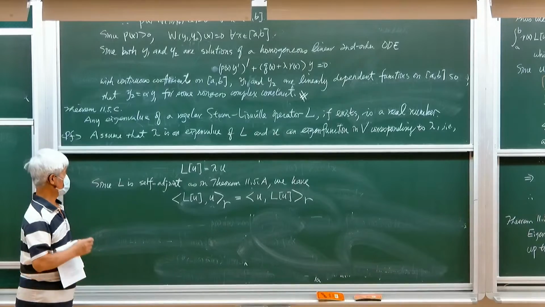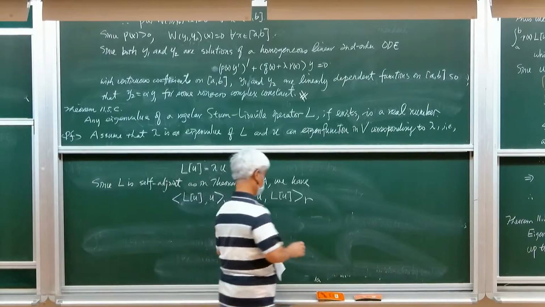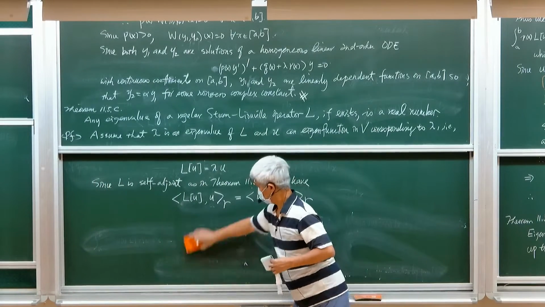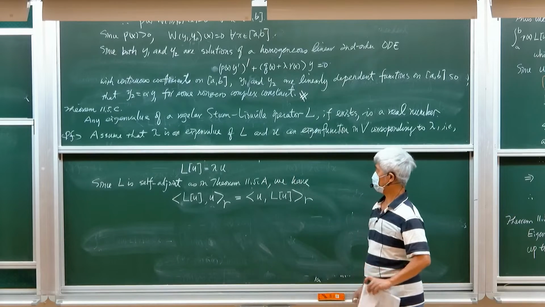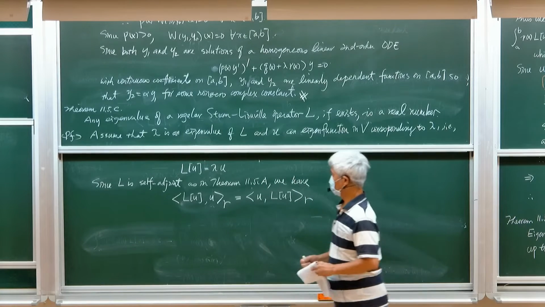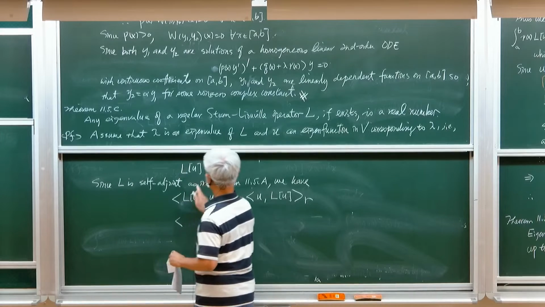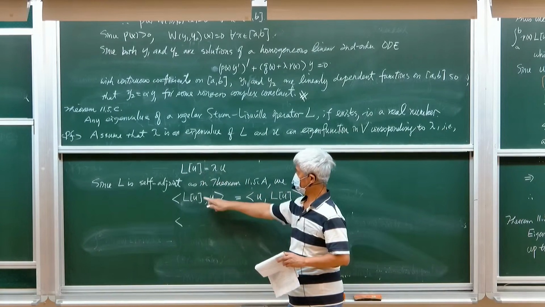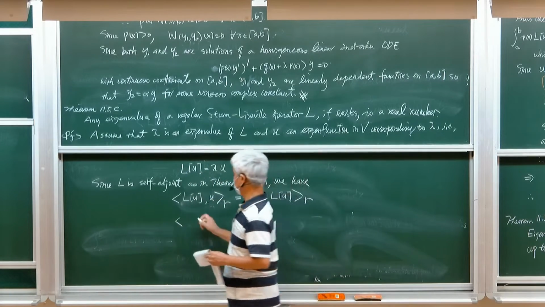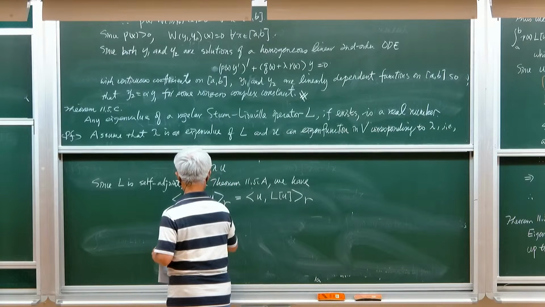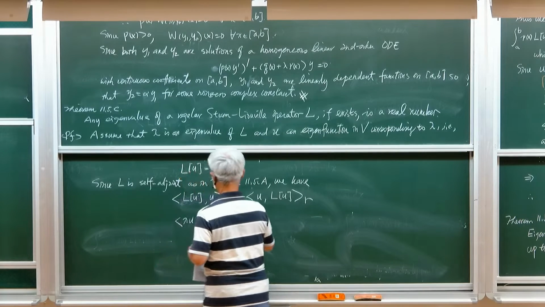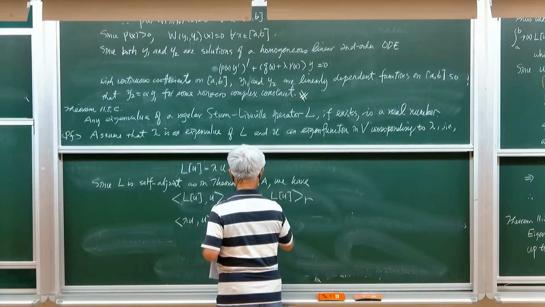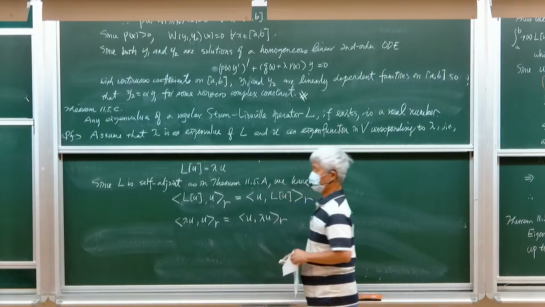So we have this identity. And because U is an eigenfunction, this is the inner product of lambda U with U equal to the inner product of U with lambda U.